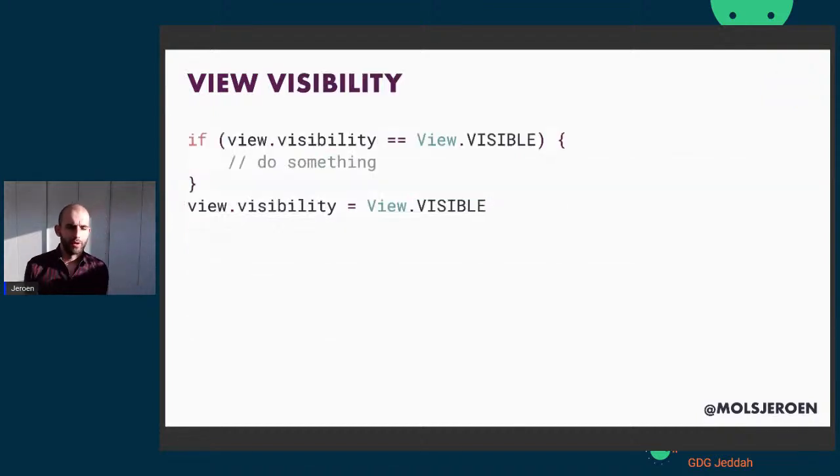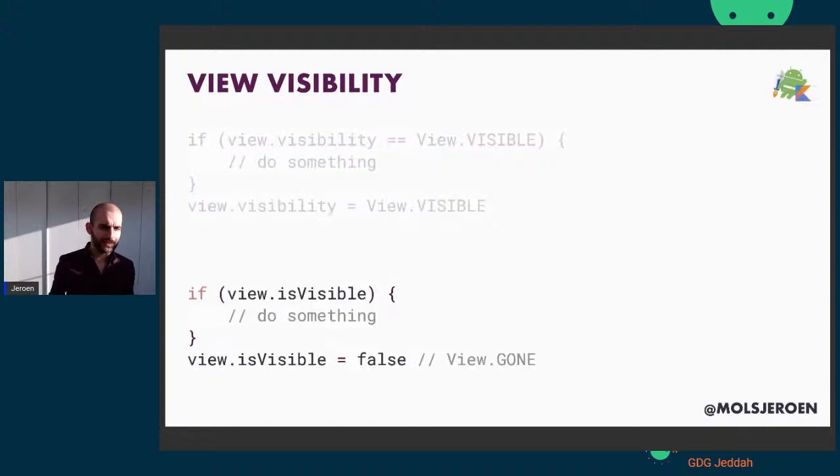All right, visibility. This is another seemingly innocent thing, but visibility on Android, unfortunately, is a tri-state. A view could either be invisible, but still occupying screen real estate, or it could be gone, where it's really gone from the screen.